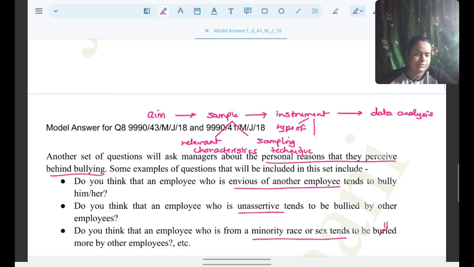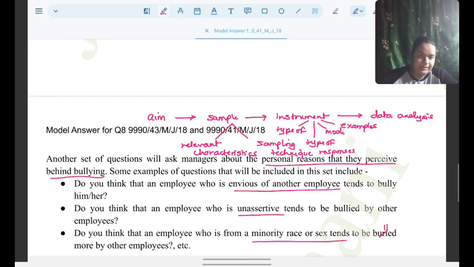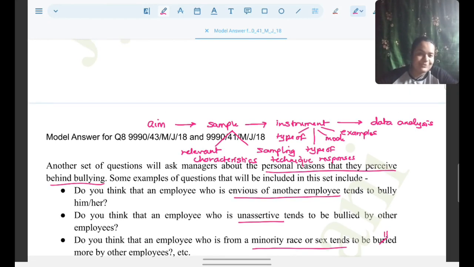So the nature of the questions, the nature and type of responses. The mode of the questionnaire, whether it's going to be paper and pencil, audio, online, and examples. Again, whether everything is required or not depends on how you're designing the study. I think it's best to specify all of these aspects of the questionnaire.